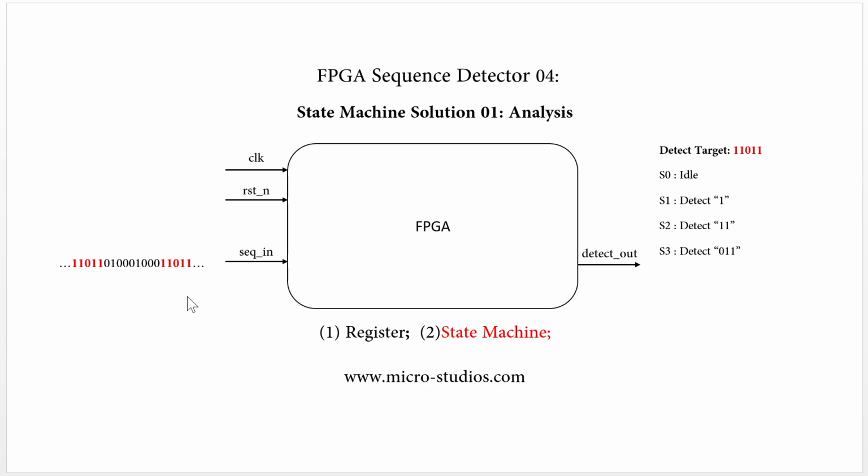110, okay? Next is 1101, S4, S5, 11011, okay? This state means we already detected our target. So we will put the high level on this output.